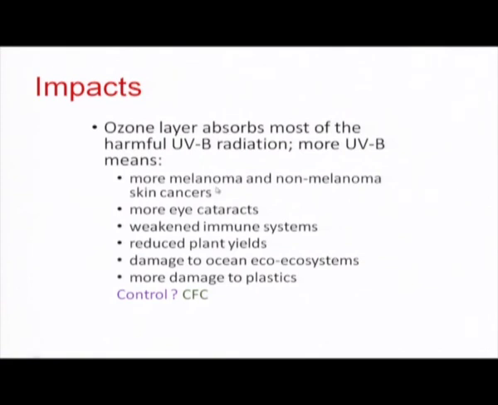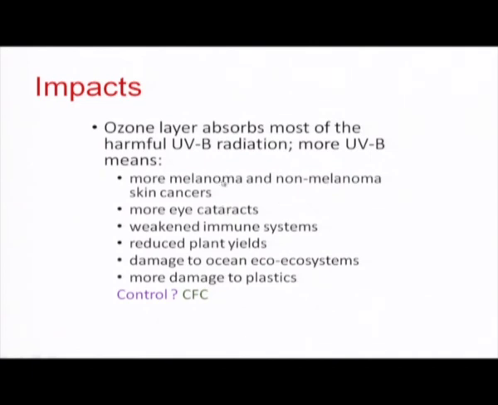Consequently, more UV light reaches our earth, and it is also reported scientifically that the immune system is weakened. If more UV light reaches the earth's atmosphere, human beings are exposed to this, and reduced immunity is another issue. So, these are all related to human beings.